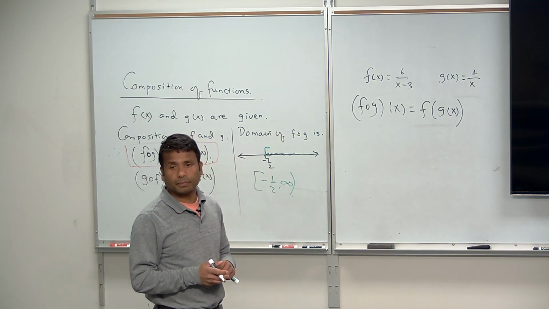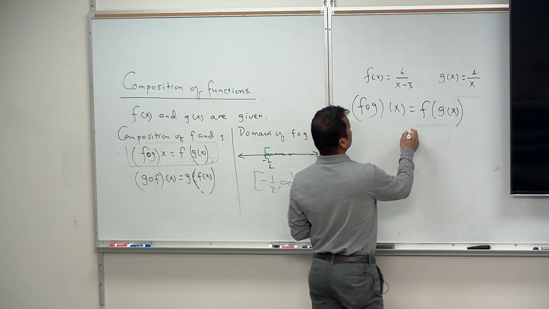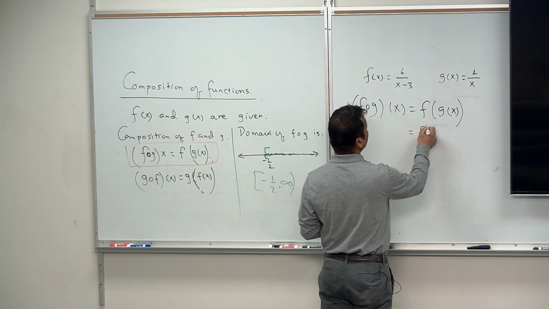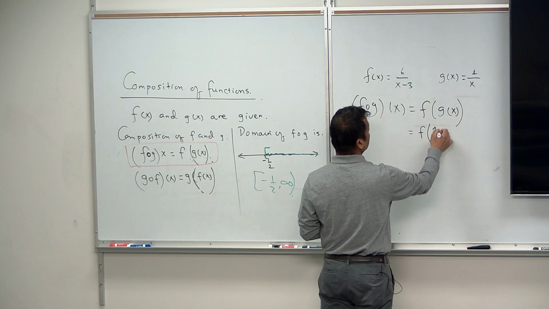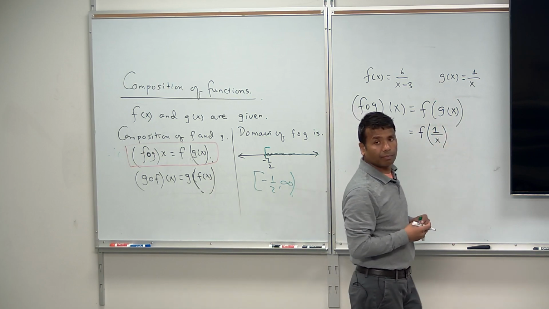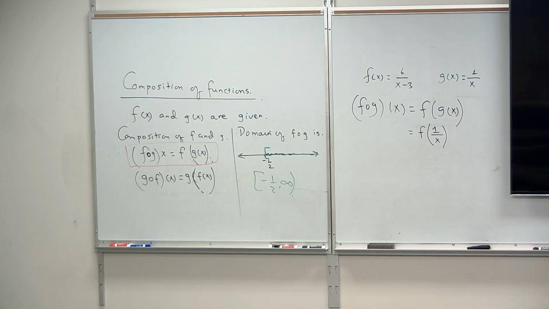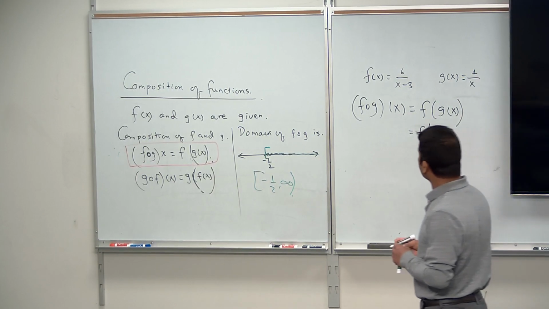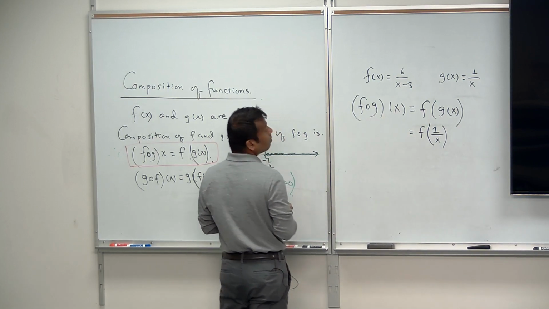Make sense? So now this is the same as f of, but what is g of x? 1 over x. Right? So what is f of 1 over x?